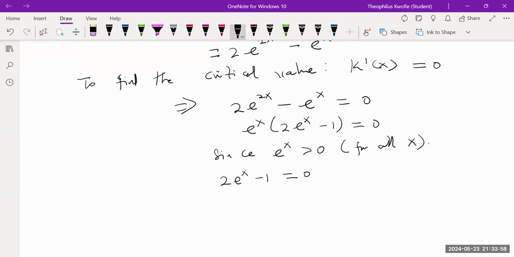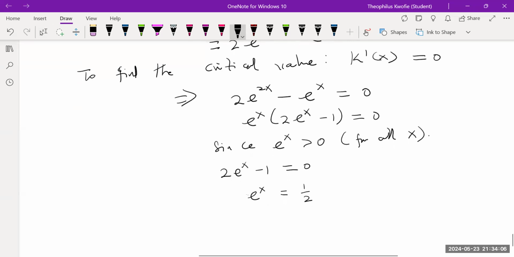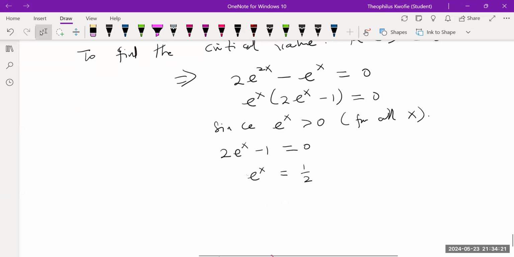Good. Now, when you solve this, we should have e to the power x equal to half, right? Good. Now, how do we get x? The last time we looked at some of the algebra of this, and we said that the natural log and the special exponential function are inverses of each other, okay? So the easiest way to solve this is to apply the natural log on both sides.